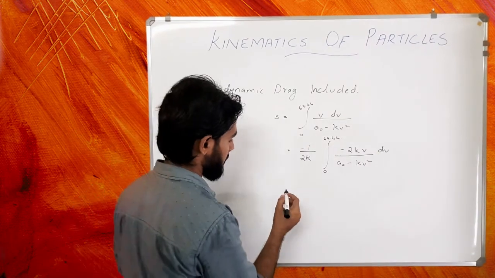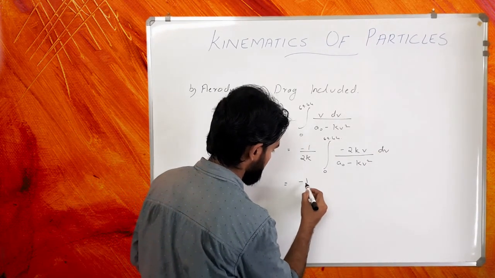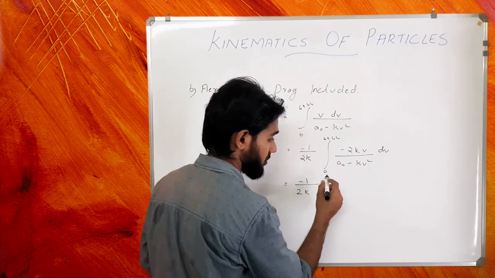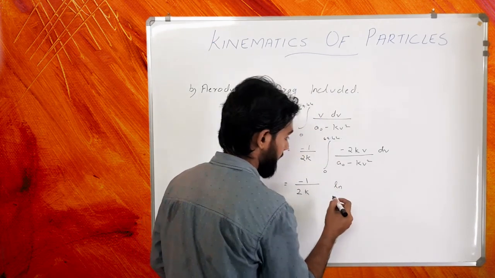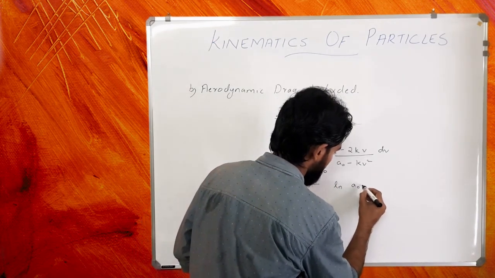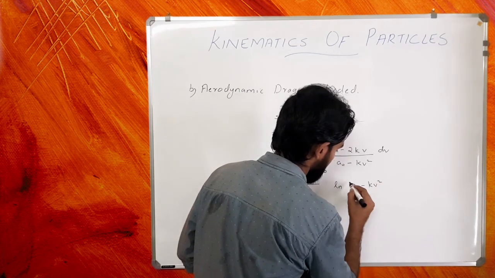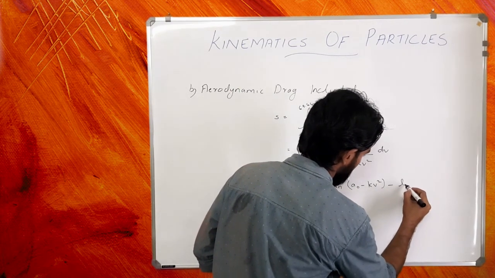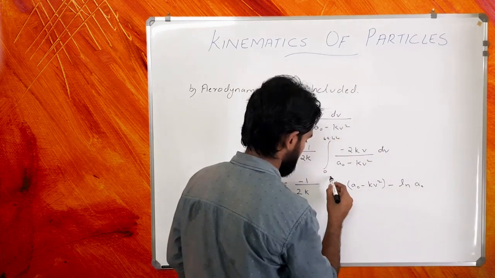Now this corresponding equation, if I integrate, in mathematics this turns out to be the natural logarithm of a0 minus kv square minus natural logarithm of a0.